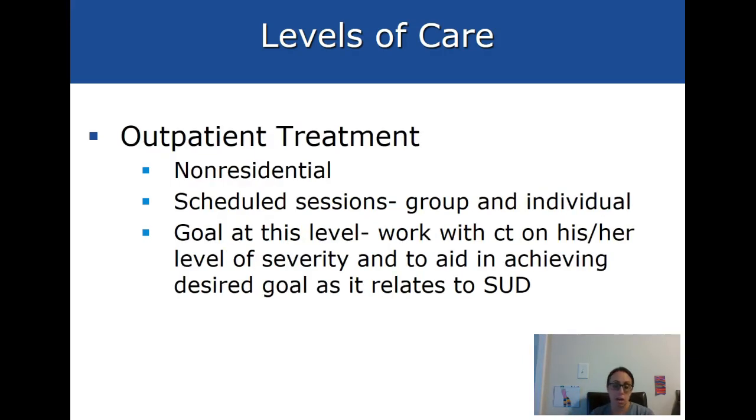Outpatient treatment. Moving on to outpatient treatment, this is non-residential. Clients do not live in this environment. It's scheduled sessions, both group and individual sessions.